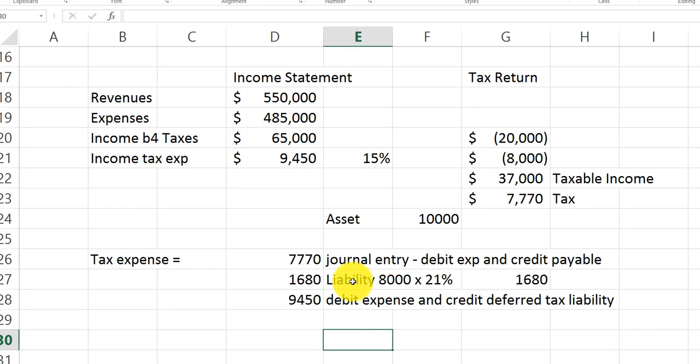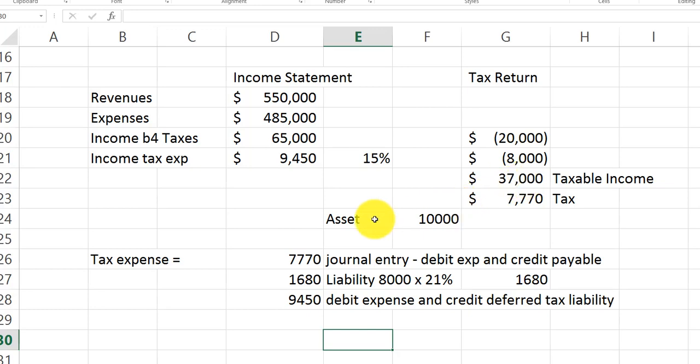Now, next year, okay, the difference will be the $2,000 going the other way. So next year, our tax return will have taxable income higher. If we ignore the permanent difference for a minute, for the depreciation, you'll add $2,000 to your taxable income.